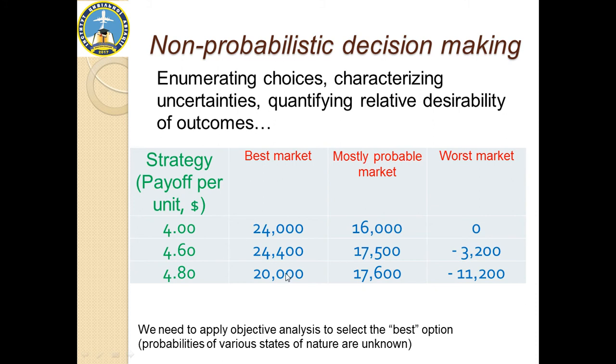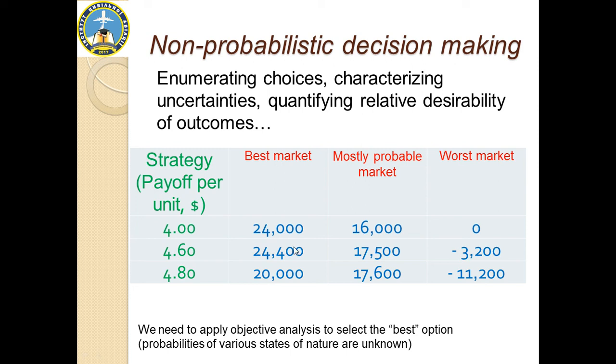Probabilities of various states were unknown. We figured out in the previous lecture that we can use the maximax or risk-taker approach, maximizing the payoff, or we can take the maximin approach. We can maximize the minimum, the worst case payoff.